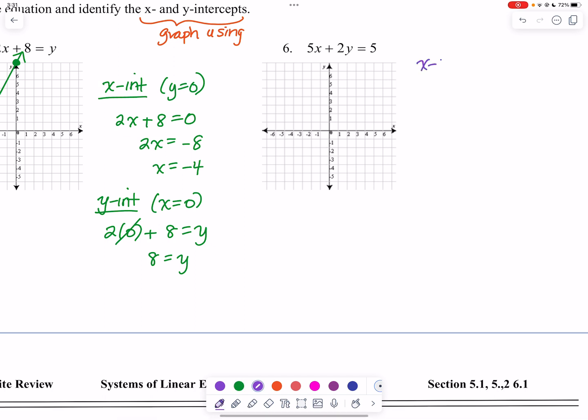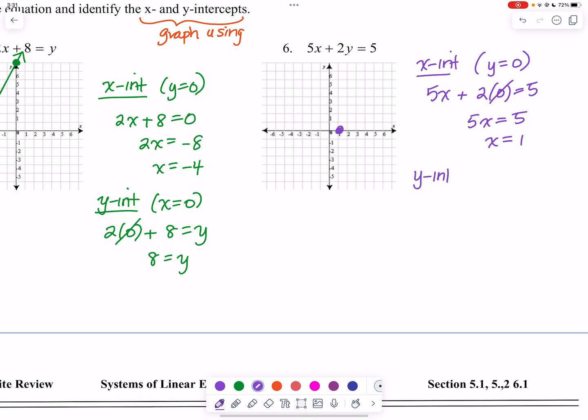If we look for our x-intercept, we're going to let y be 0, so we have 5x plus 2 times 0 equals 5. 5x equals 5, and dividing both sides by 5, we have x is equal to 1.